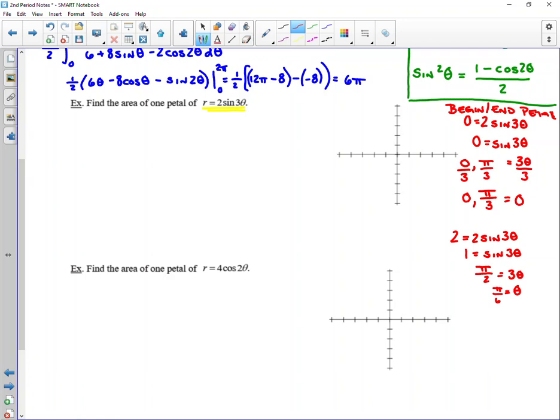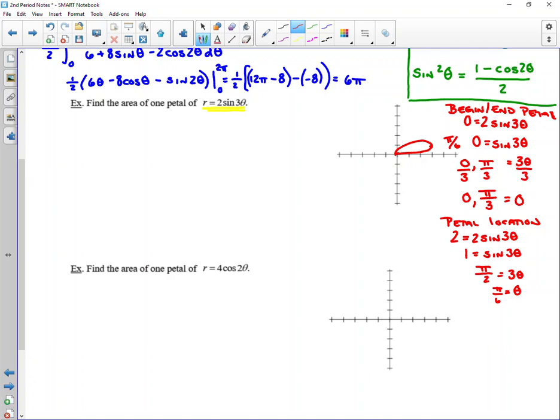But you can also find it. So this is petal location. If you like that better, you can do it that way. So you know it's going to hit out at pi over 6, which is right here. Out 2 at pi over 6. So it's going to go out and then come back in.